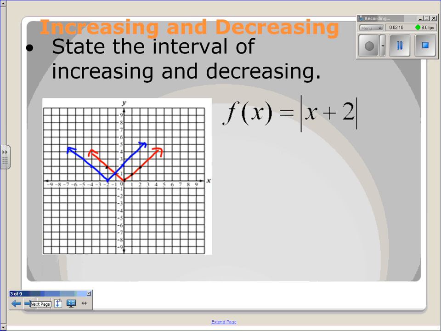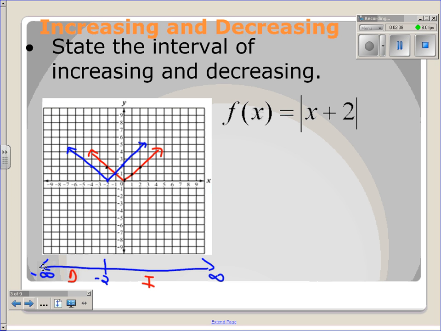Let's take a look at another one. I've already graphed it. We're looking at the blue graph. Let's make our line. Label negative infinity, infinity. Mark our vertex. Our vertex this time is at negative 2. The graph starts going down, so it's decreasing, and then it goes up for increasing.